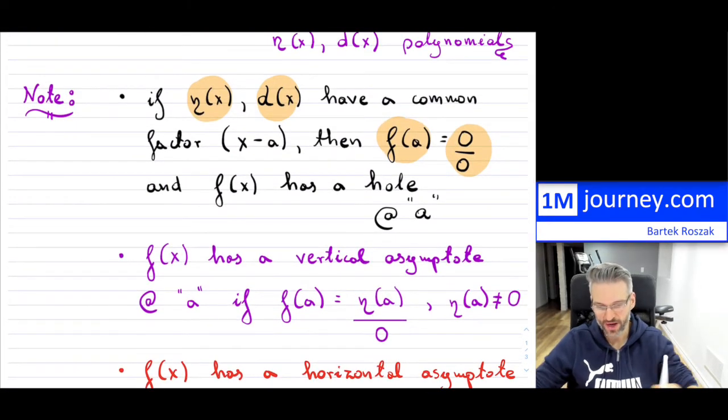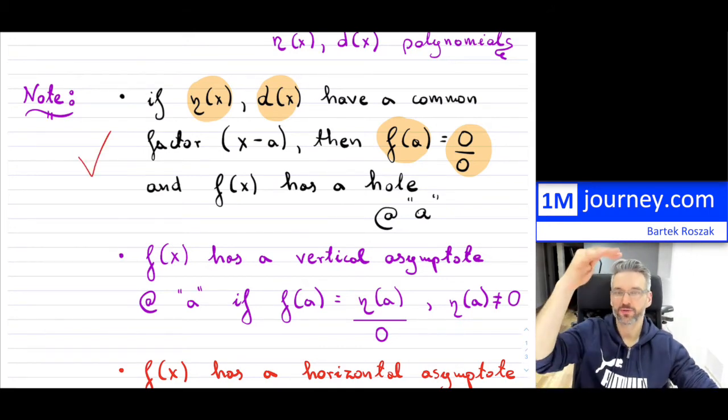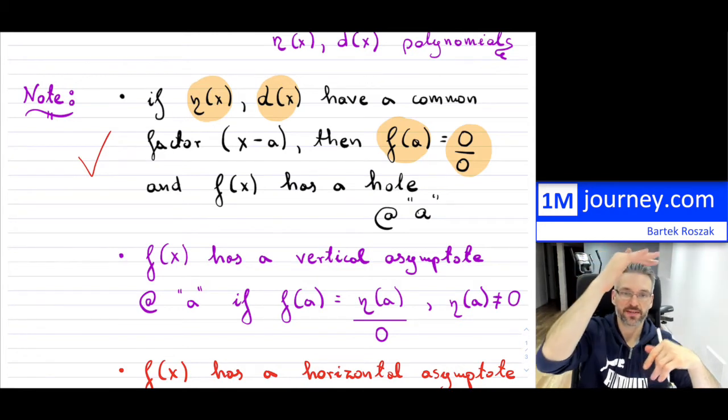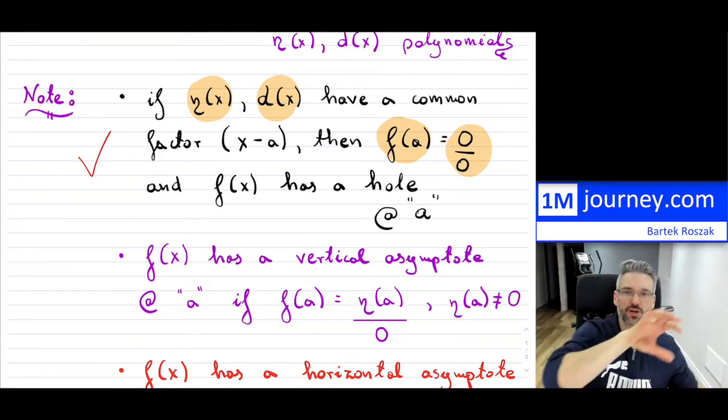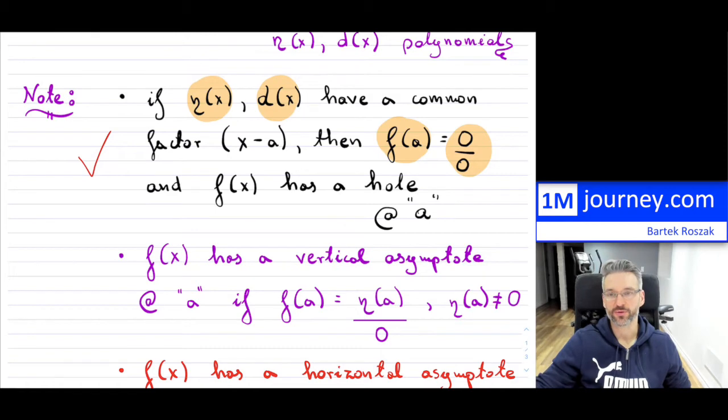If you have a rational function with a polynomial on top and a polynomial at the bottom, and when you substitute at a particular point you get 0 over 0, it will result in a hole on your plot. So those are holes, where they're just kind of empty, nothing is defined for that.